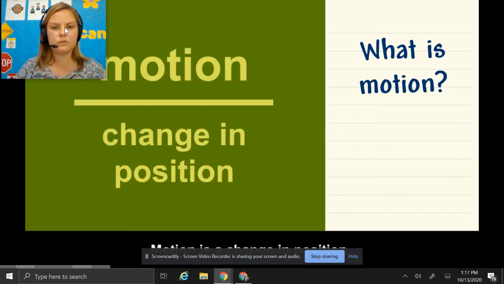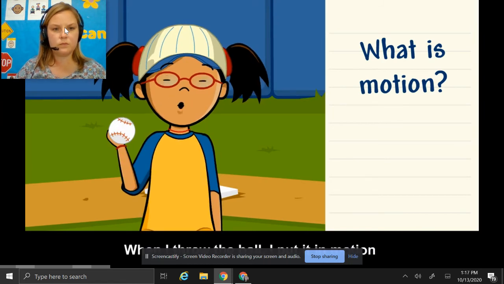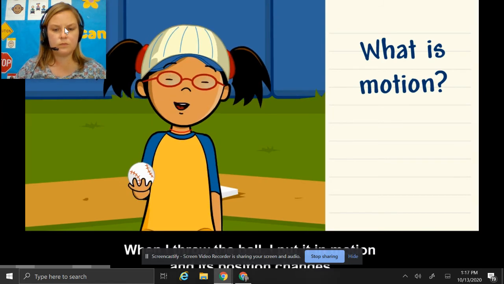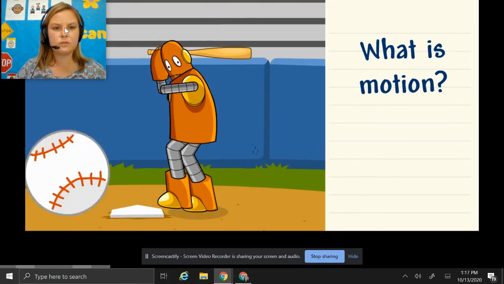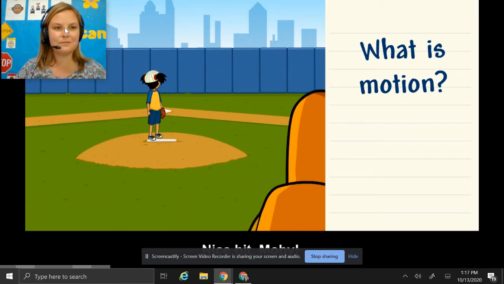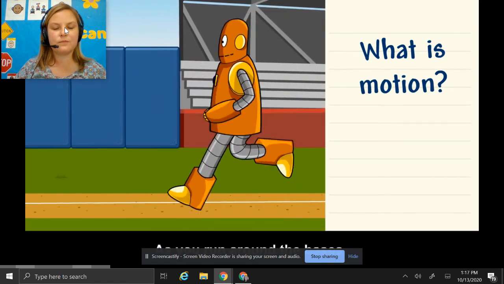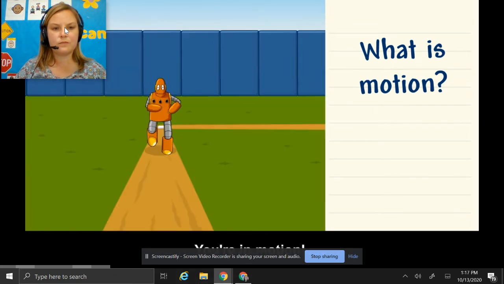Motion is a change in position. When I throw the ball, I put it in motion, and its position changes. Nice hit, Moby! As you run around the bases, your position changes. You're in motion.